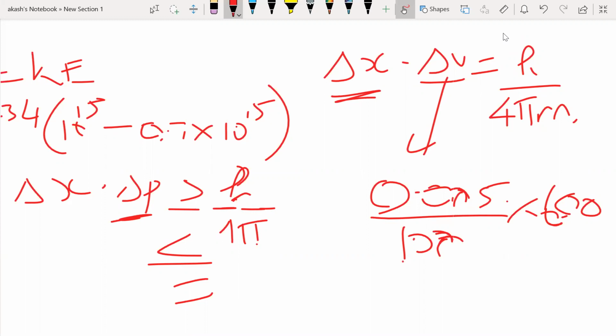I'm finding good questions from Bohr's theory. I'll give you the questions, then I'll choose. Now, which questions can I do?